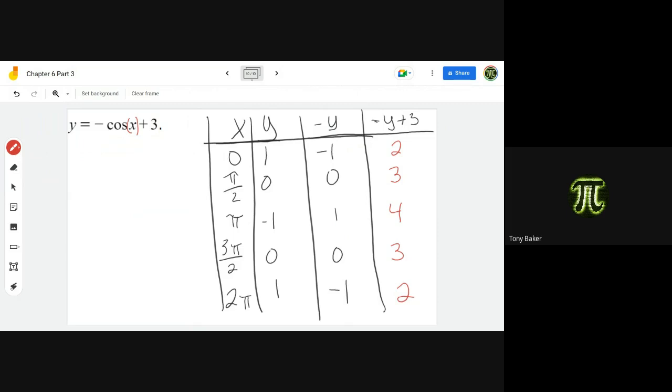Did any rules change from what I've already showed you? No. You're still doing it, starting from the parent function and making those transformations to it. The only difference is this time I'm not multiplying. I'm adding something. But the process is still the exact same. All right?